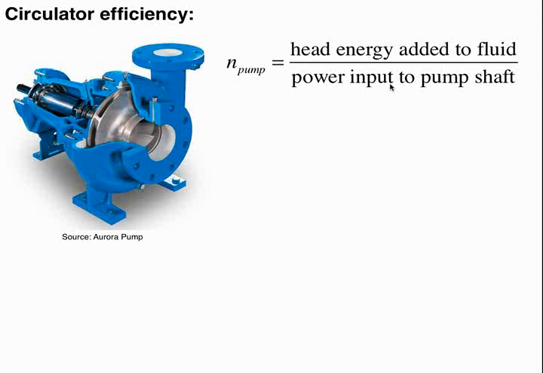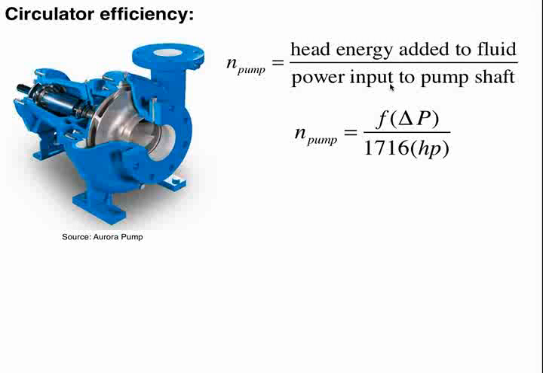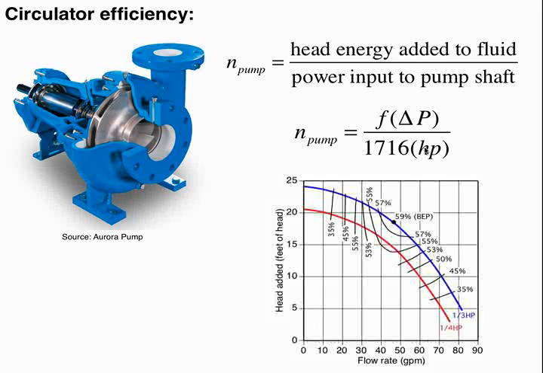It could be a gasoline-powered engine. We don't really distinguish as to what is turning the shaft on that pump. We're just looking at the pump itself. And there's a formula, if you know the differential pressure and the flow that the pump is producing, and the horsepower of the device that is rotating the shaft of the pump, you can calculate the efficiency of the pump.